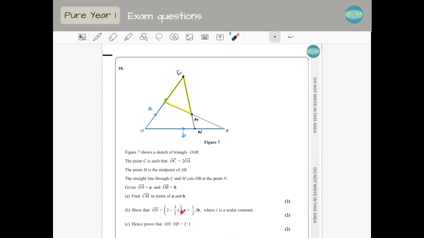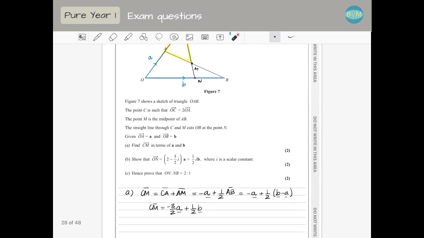ON is something a, something b. ON can be written as OC, that I know because it's 2a, plus CN. And we need the scalar somewhere. The scalar is going to come from writing CN as a scalar multiplied by this one, because I know CM, I just found it.